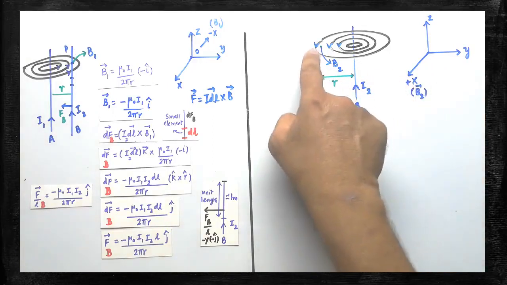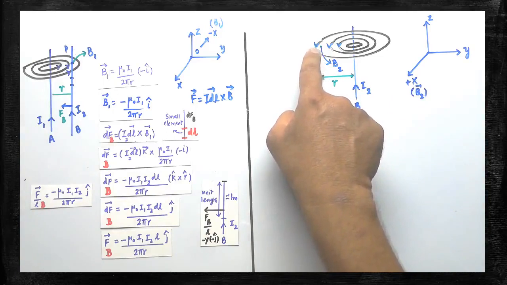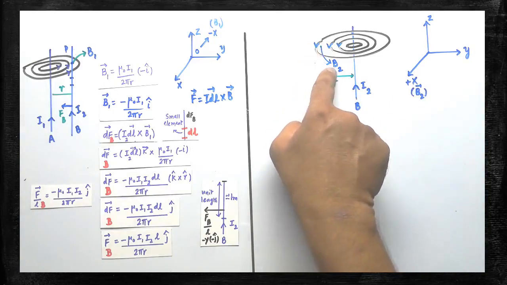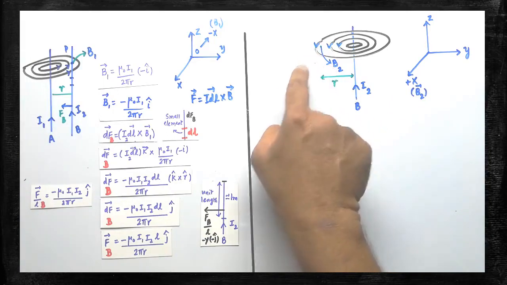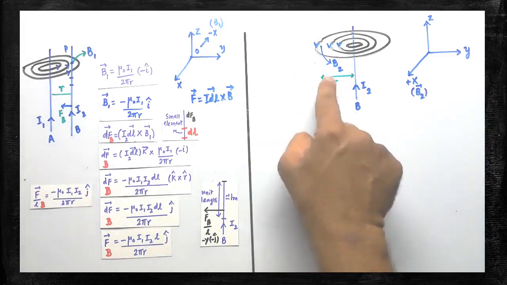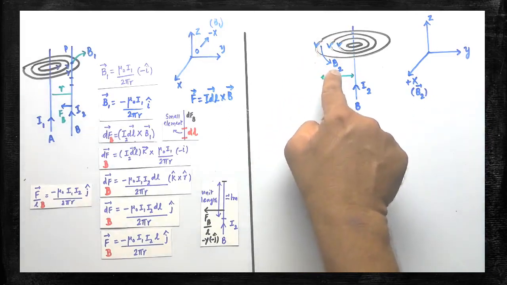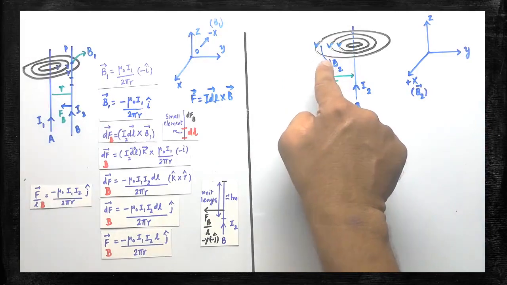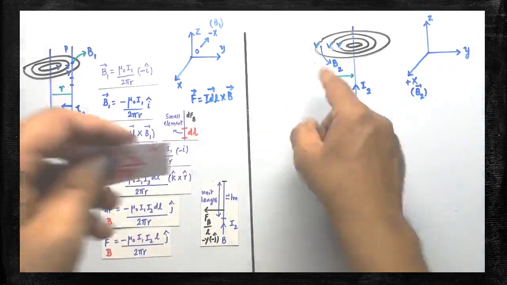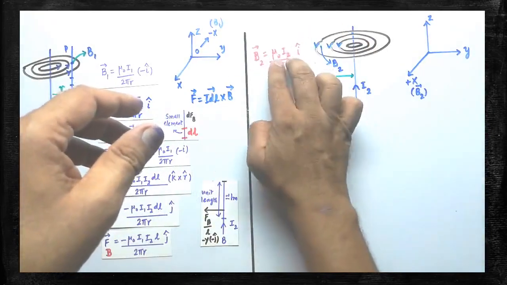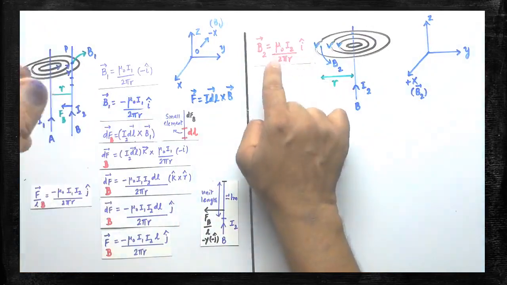And imagine a point P. So we have to calculate the magnetic field at point P. Are you clear? So the strength of the magnetic field can be called as B2. So at a distance R, the point P is located. There you are going to calculate the magnetic field strength. So what will be the magnetic field strength at point P? So this is the magnetic field strength. What is B2?